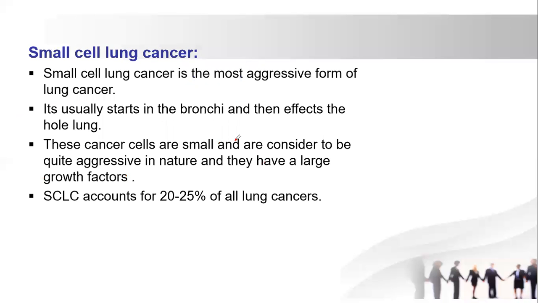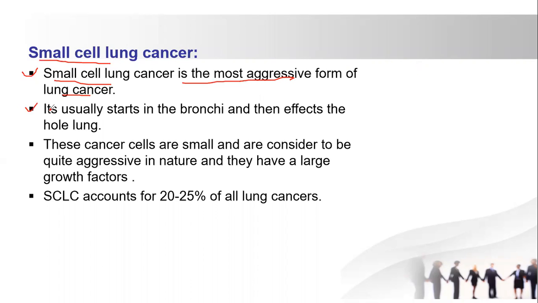Now I will discuss in slight detail the small cell lung cancer. Small cell lung cancer is the most aggressive. The main feature is that it contributes 20 to 25% of all lung cancer, and it is the most aggressive form of lung cancer, meaning there is a lot of chance of distant metastasis.